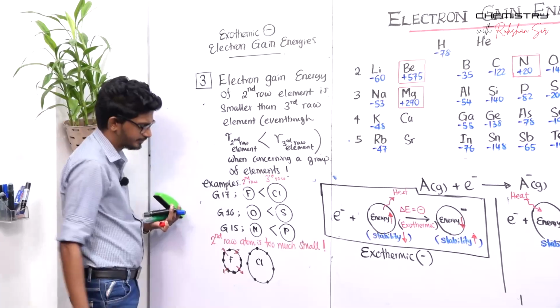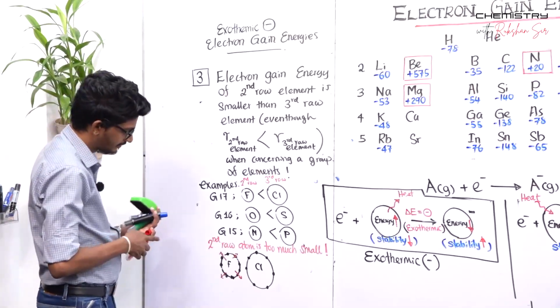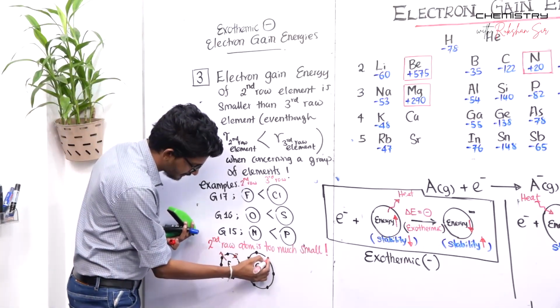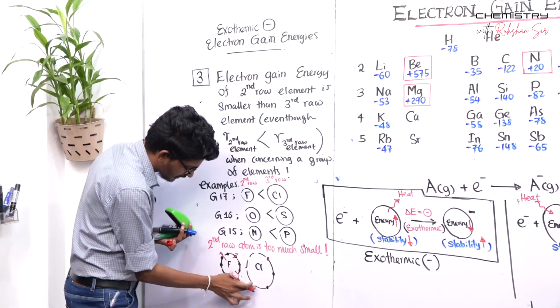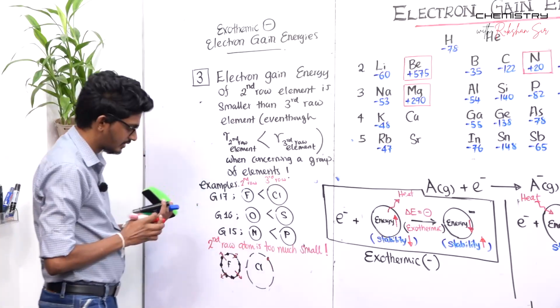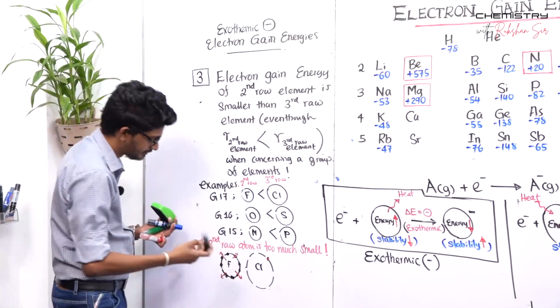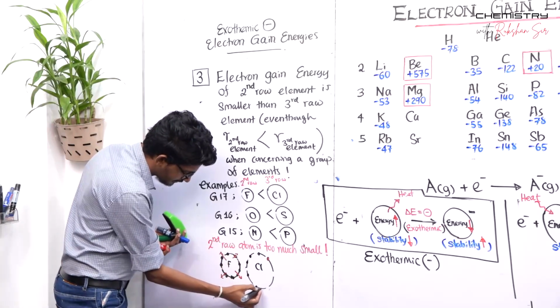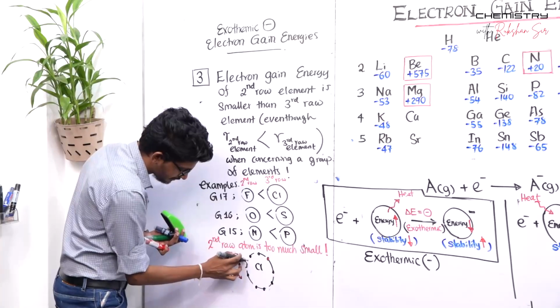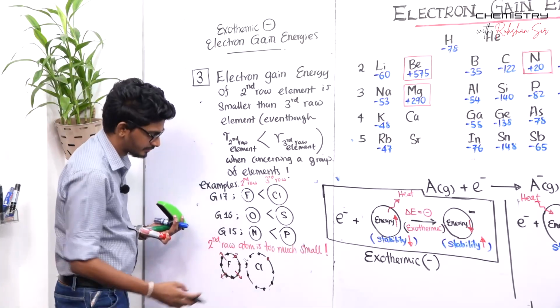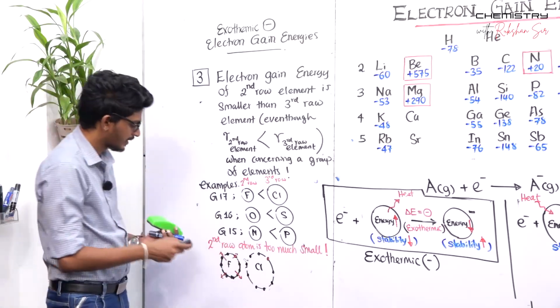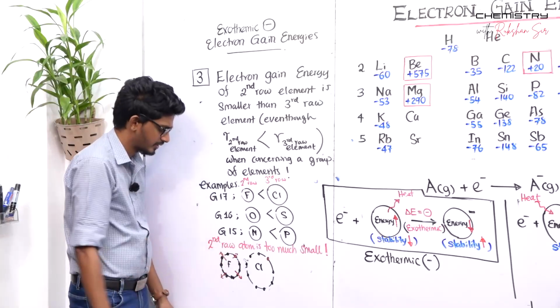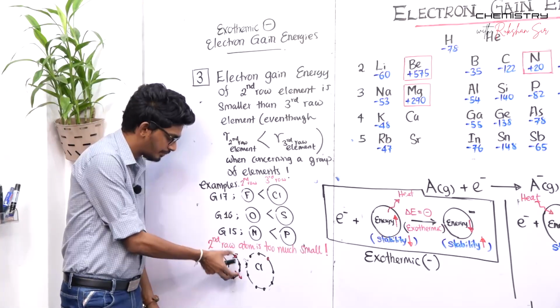That is not good. But here, if you add an electron, some distance is still maintained because it's a large atom, not like in the fluorine situation. In fluorine, electrons become closer to each other, so the electronic repulsions will occur.